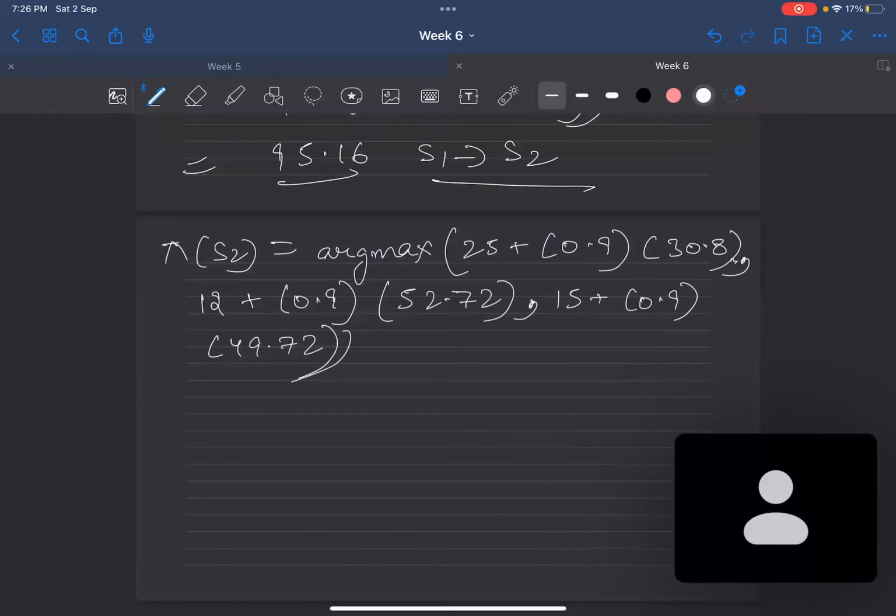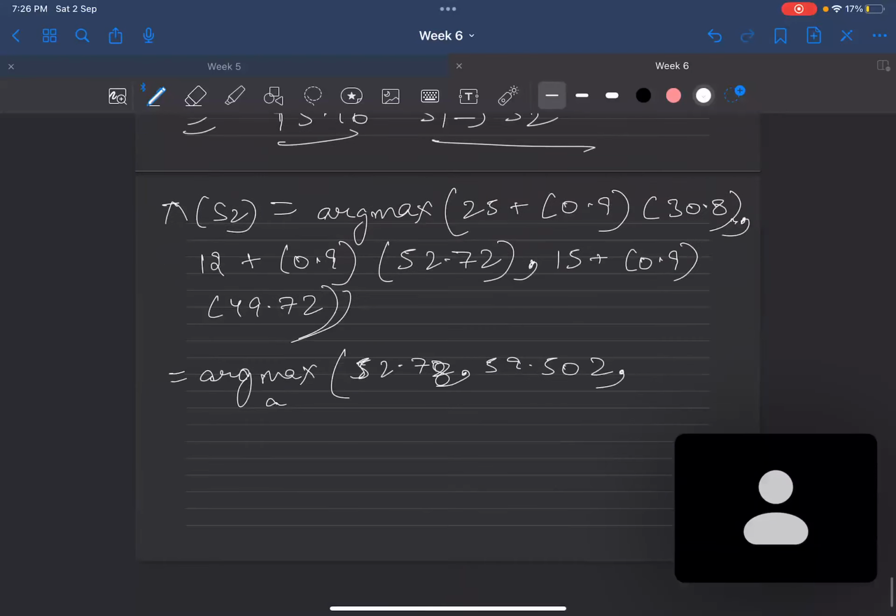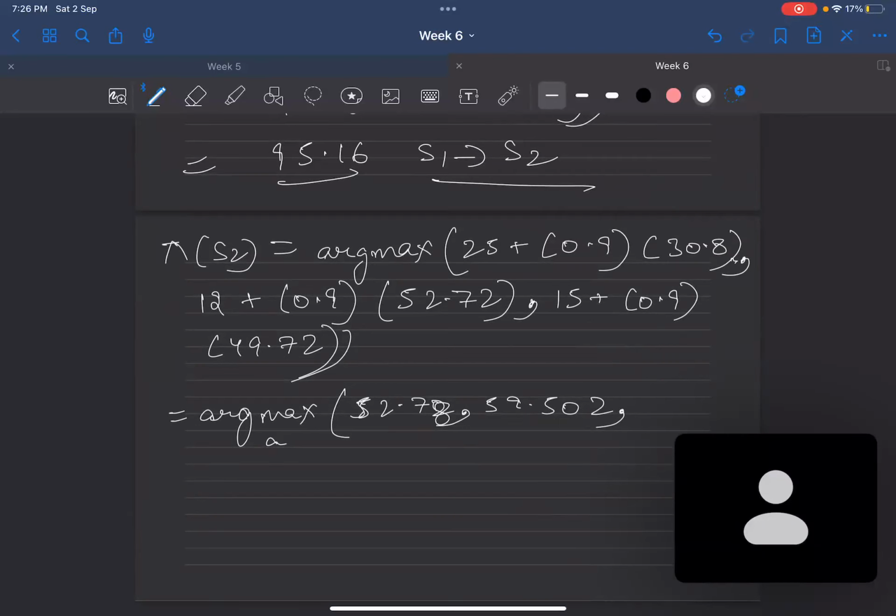Which one is the highest? I think the first one. Okay, let's calculate. 30.8 into 0.9 plus 25 gives 52.72, and the others come out to 59.502 and 59.748. So the third one is the highest. So S2 to S3.